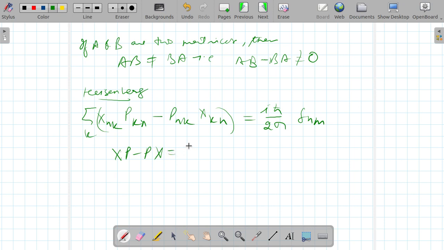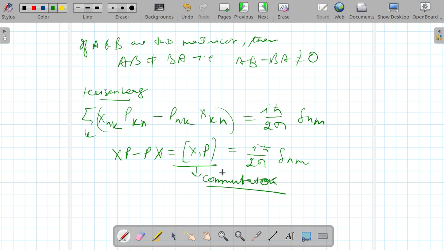It is a commutator of position and momentum. It is known as the commutator. I will talk about it later. And it is equal to iħ/2π δ_nm.